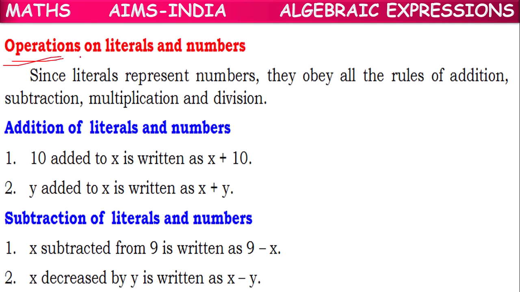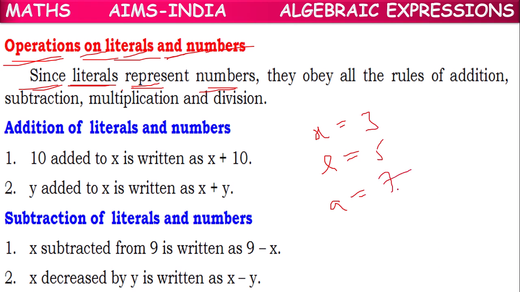Next, operations on literals and numbers. Since literals represent numbers, though we represent them with x or L or A or any English alphabet letter, in the place of a literal we take numbers.